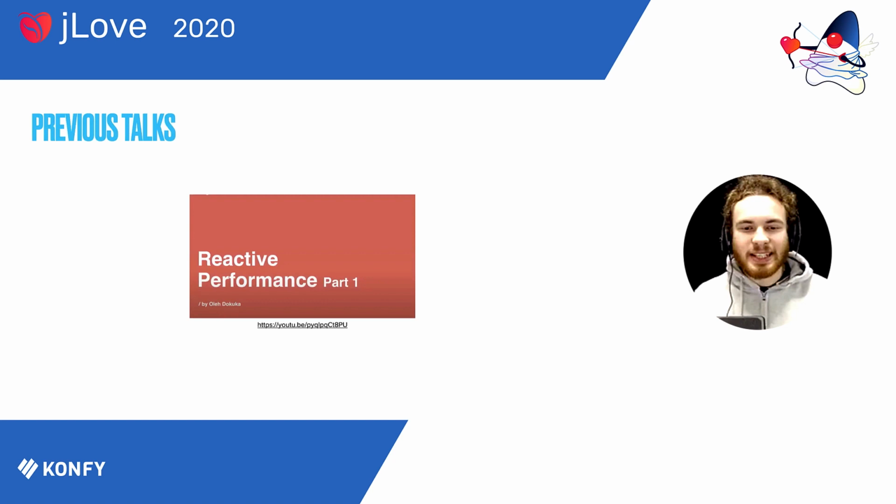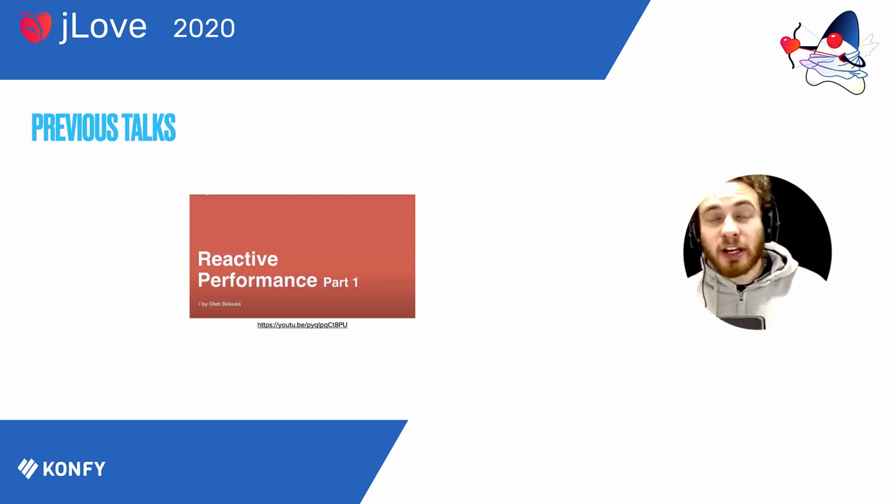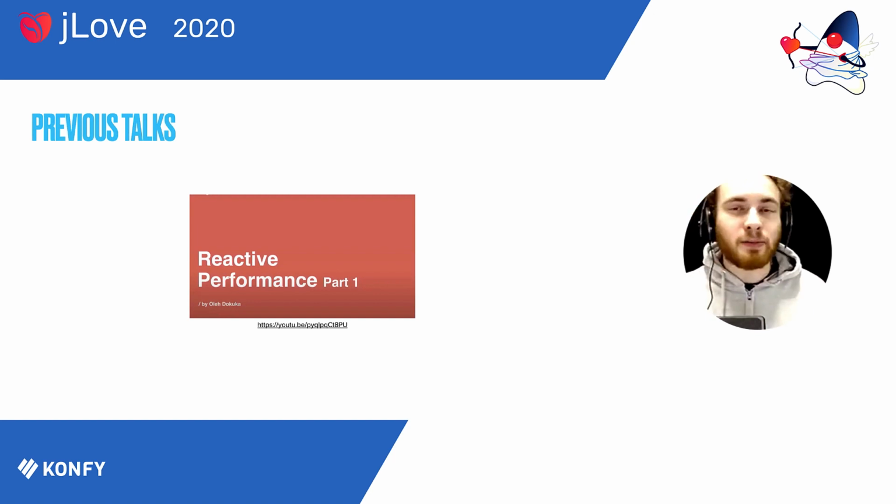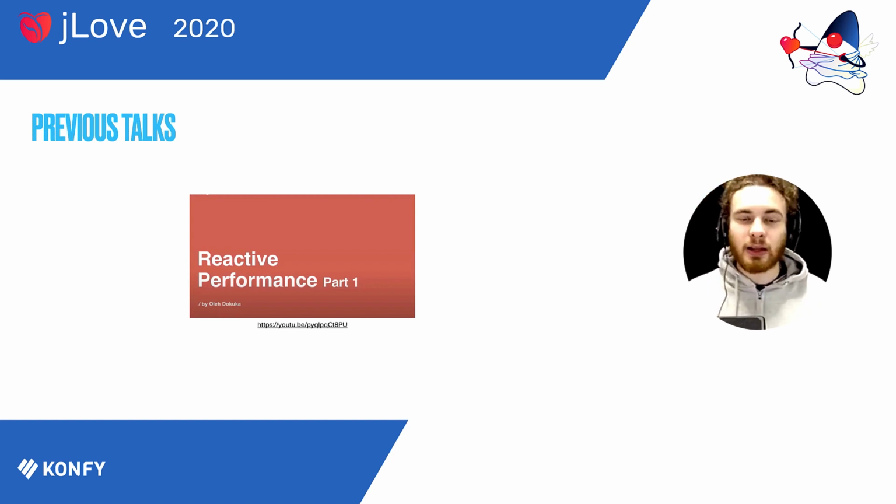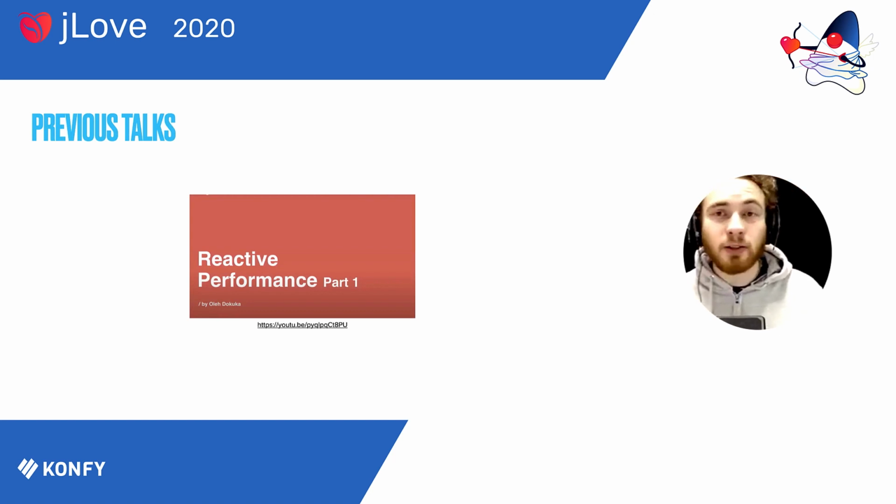If you're interested in understanding where the reactive streams overhead comes from, what you can get using Project Reactor, and how you should use it to get better numbers, I encourage you to look at my previous talks about reactive performance.